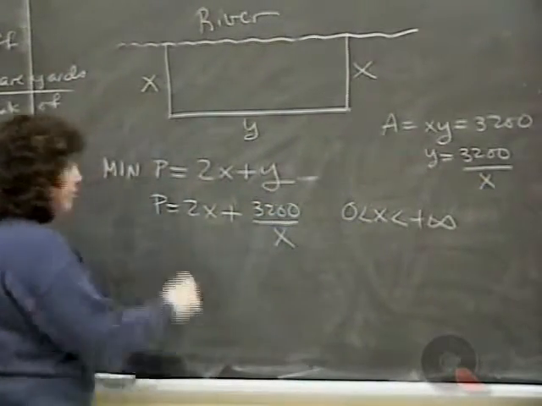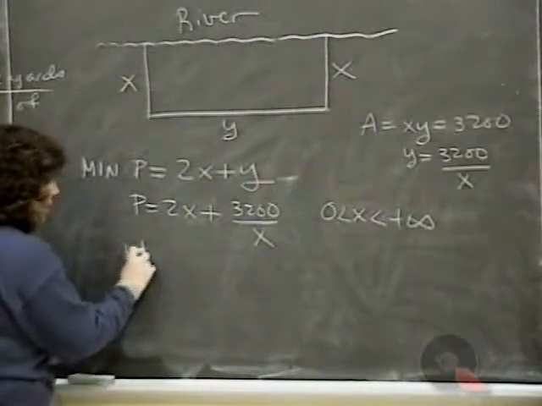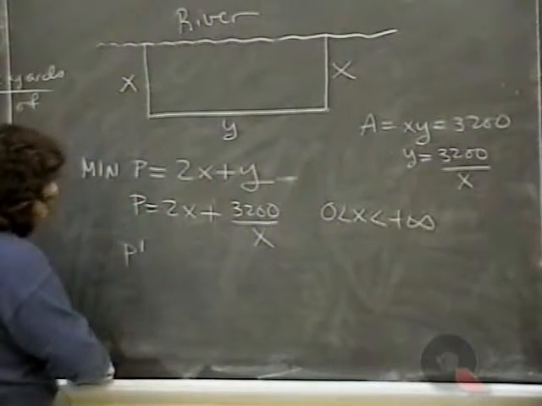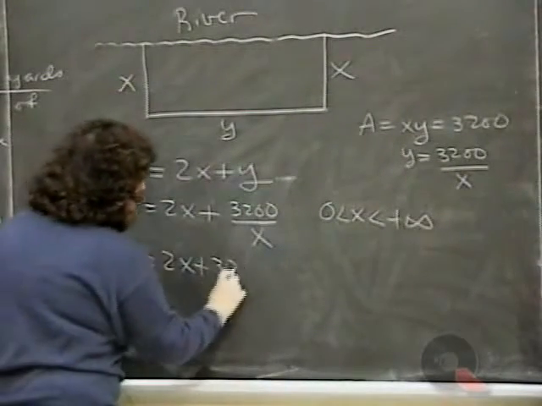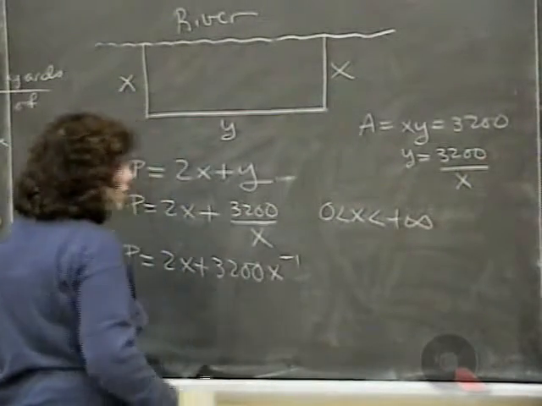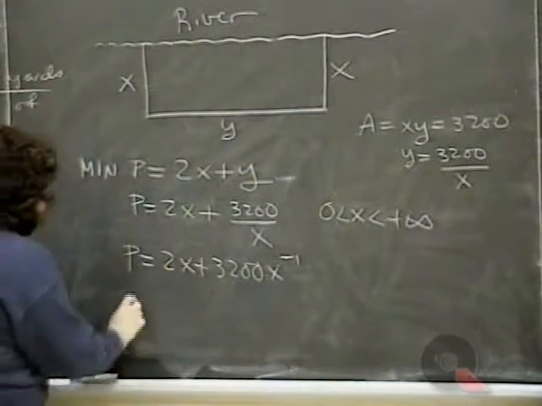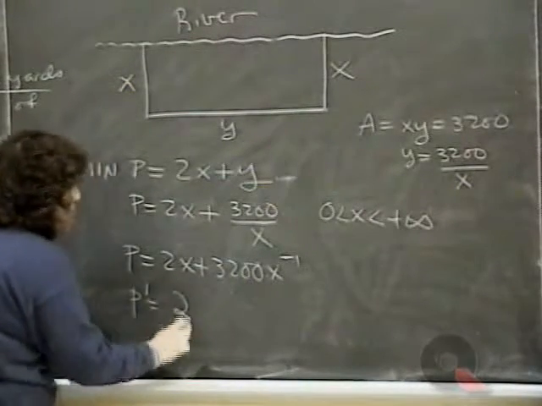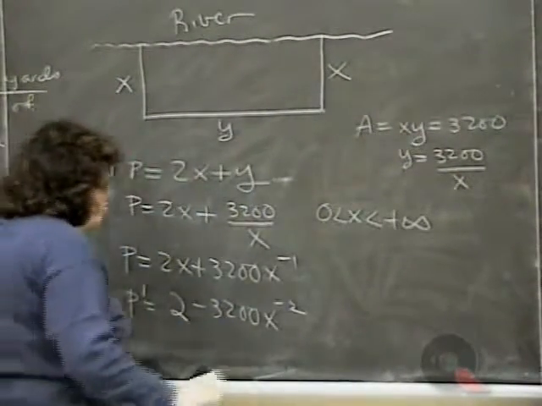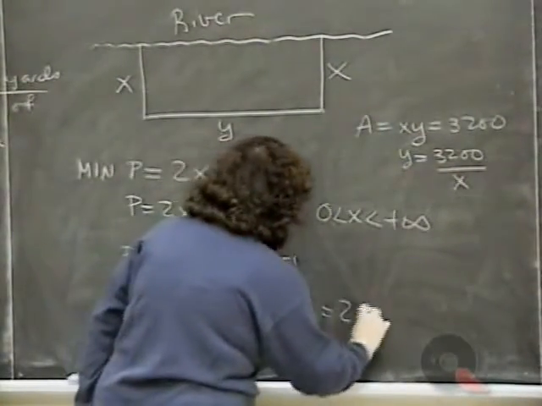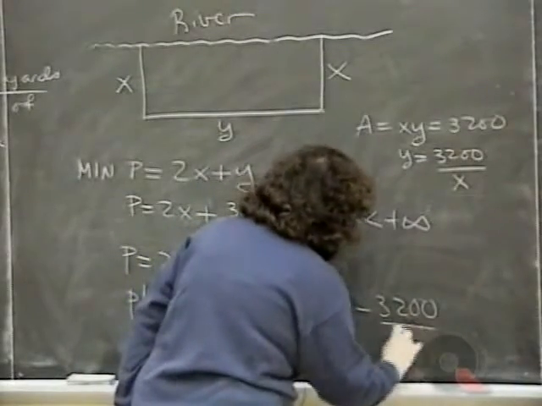Now, same procedure. Get the derivative. First let's write this as 2x plus 3,200x to the minus 1 instead of using the quotient rule. Then the derivative would be 2 minus 3,200x to the minus 2, or 2 minus 3,200 over x squared.